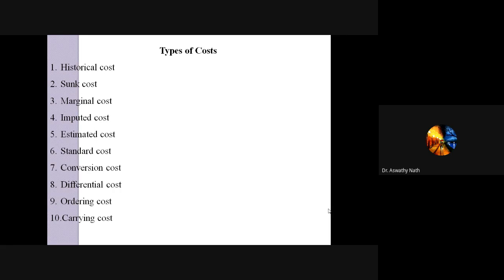In the conversion cost, we said whenever we are converting the raw material to finished goods, one conversion is happening there. They are changing the form of raw material to maybe fully finished goods or partly finished goods, whatever it may be, some change is happening there, right? Whereas differential cost is the difference in cost between two levels of activities.